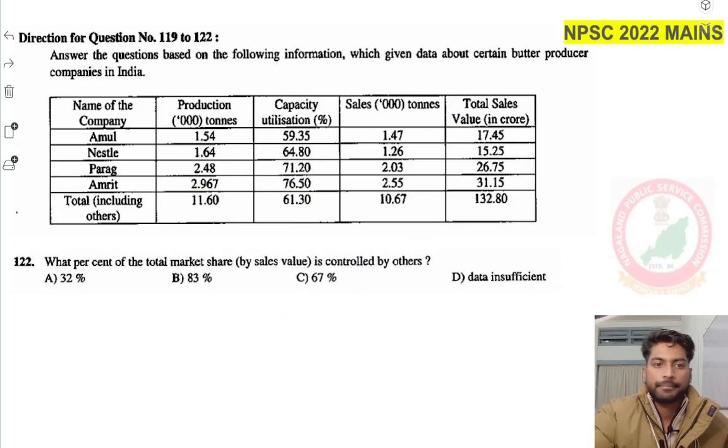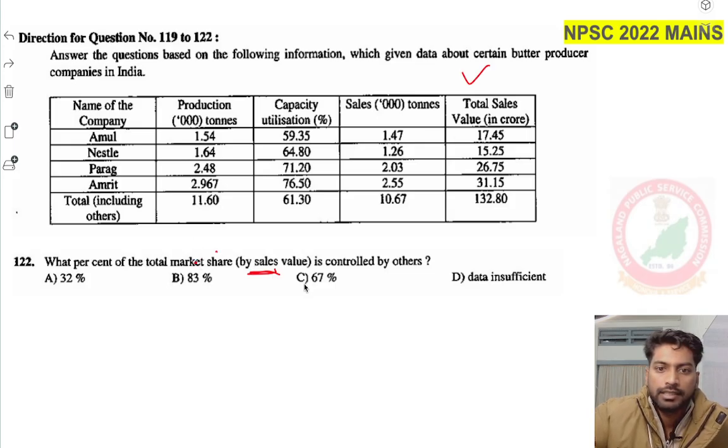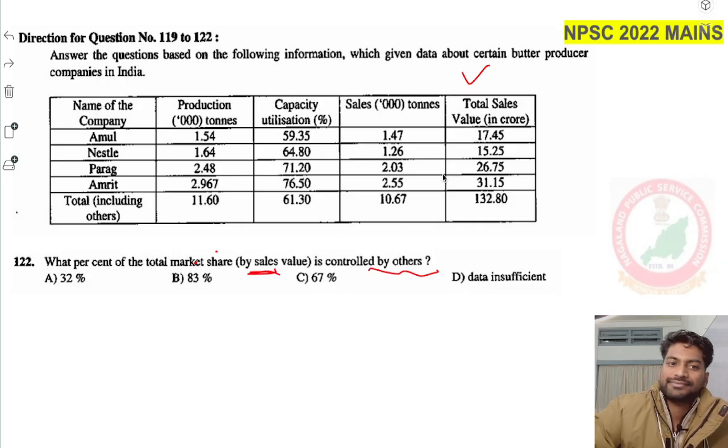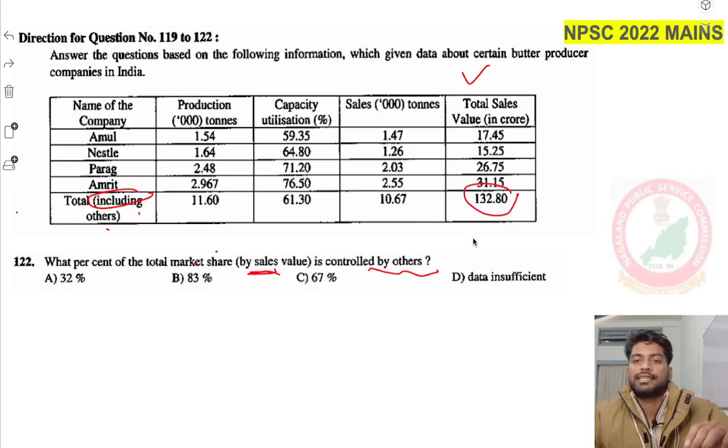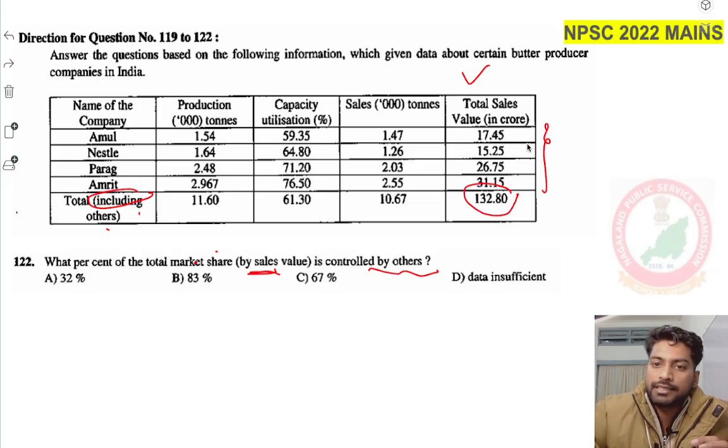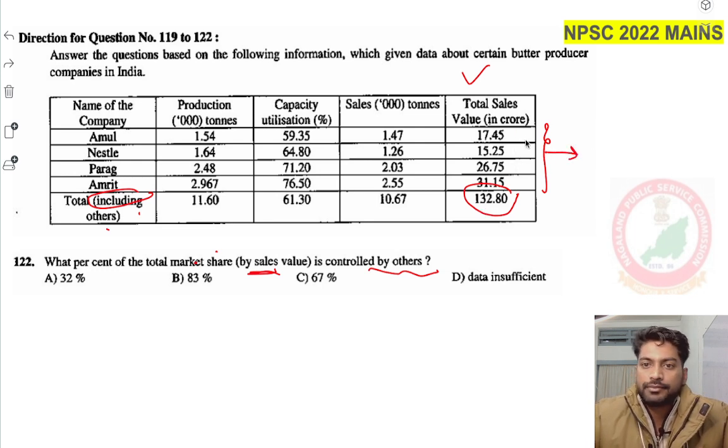Next question. What percentage of the total market share by sales value is controlled by others? See, this line shows including others. It means others is hidden here. Now see, these are the companies. So how much share are they actually holding? Just calculate them. 17, 15, 32 and 26. 32 and 26, 58.